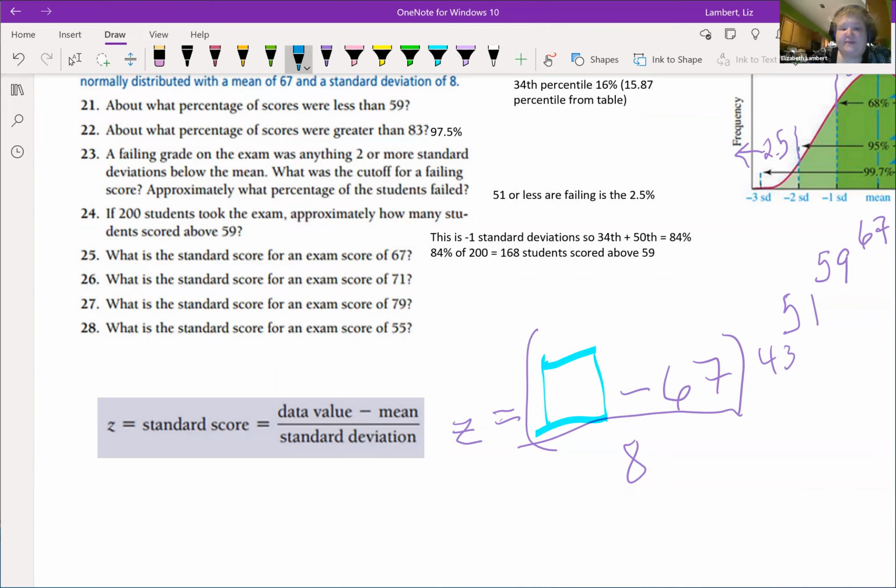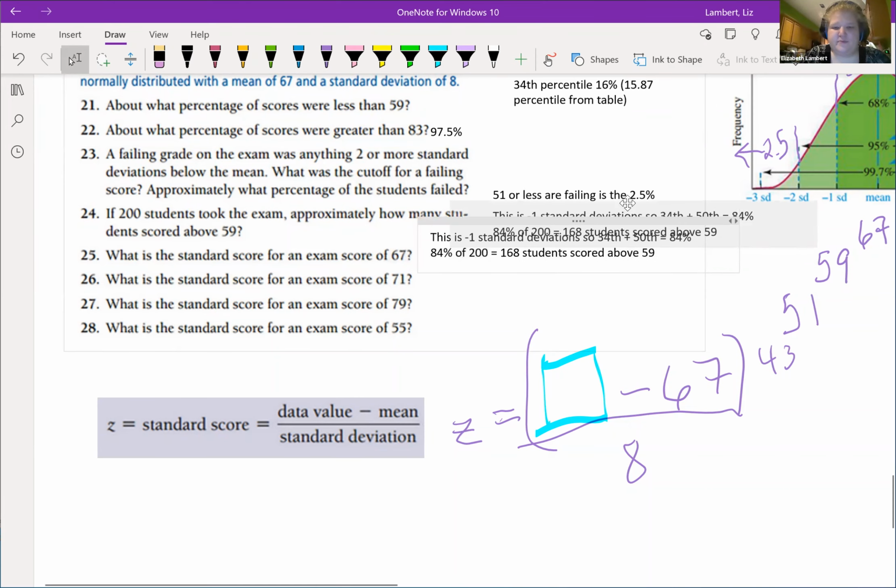So if I put 67 into the box, 67 minus 67 is 0. 0 divided by 8 is 0. So the z-score for the first one is 0, as it should be since that's the mean.